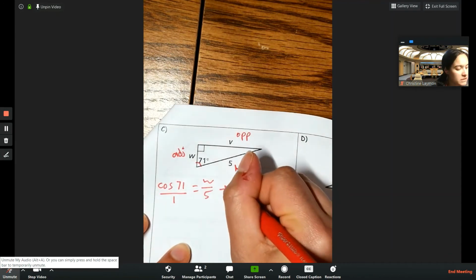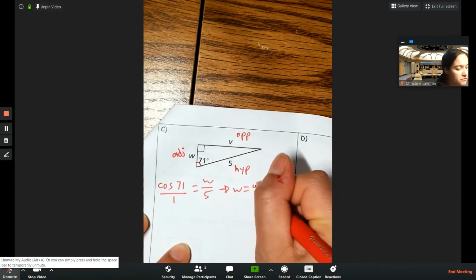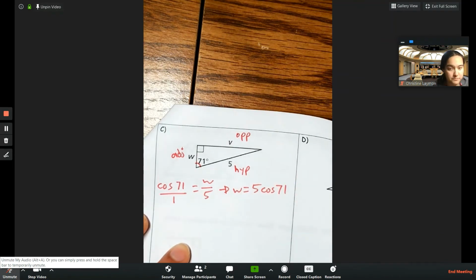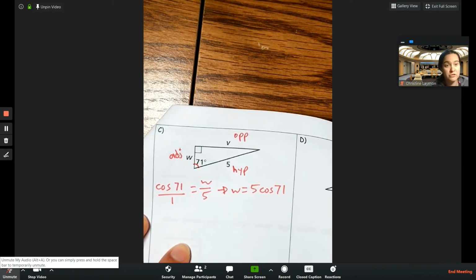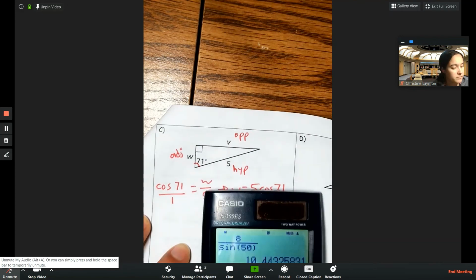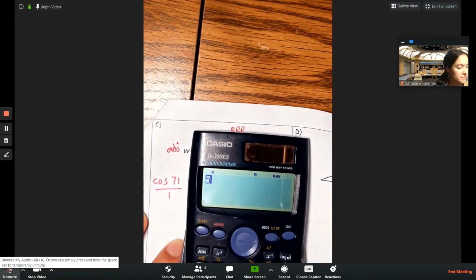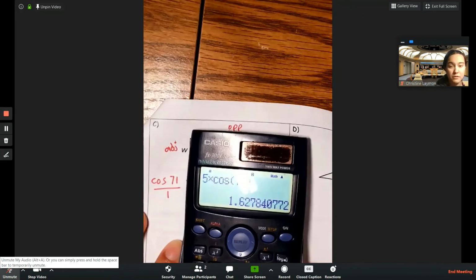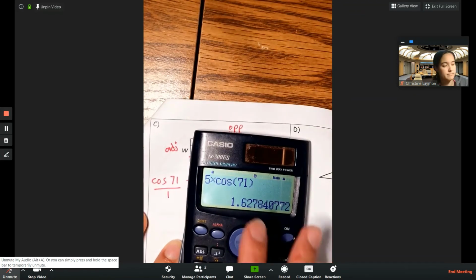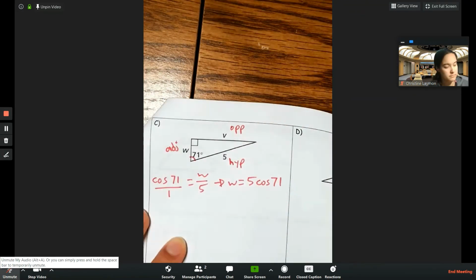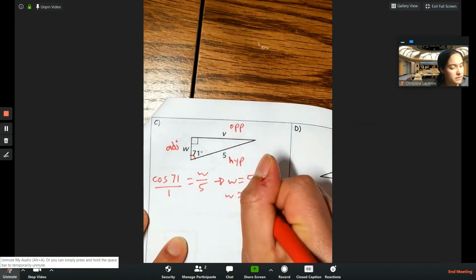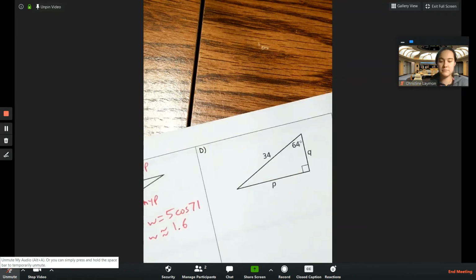I'm going to get W equals 5 times the cosine of 71. And again, that's going to go straight into a calculator now. So I have 5 times the cosine of 71, and I get out 1.6. So then W is approximately 1.6.